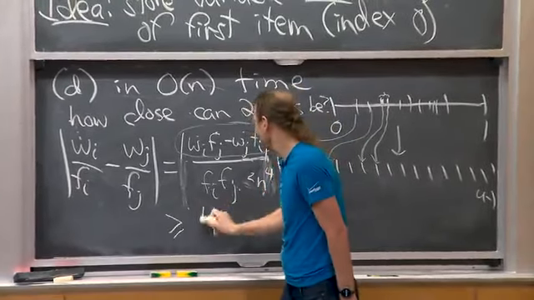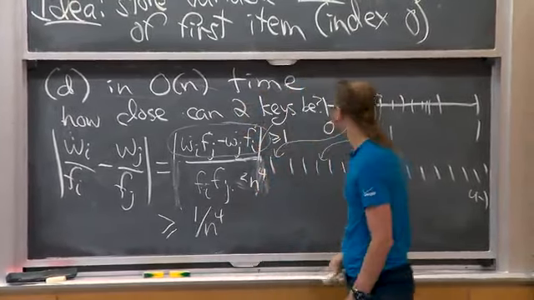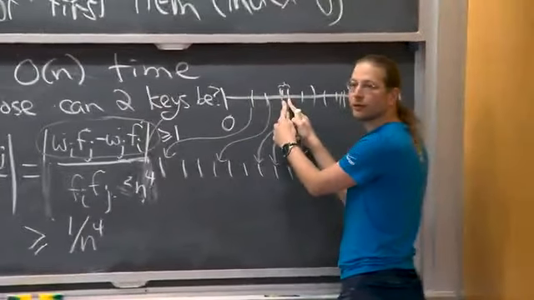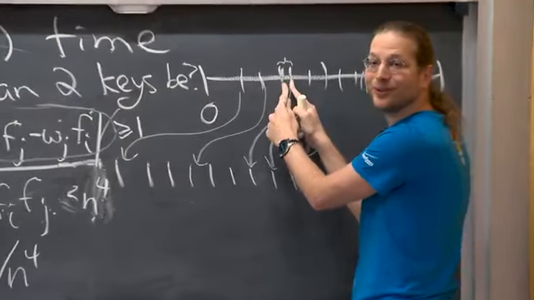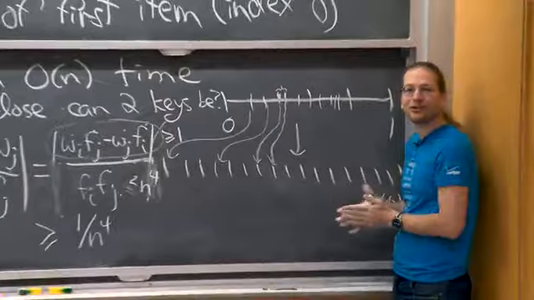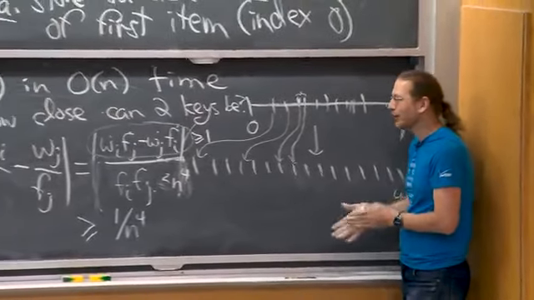So this is at least 1 over n to the 4th. So the closest the two points can get here is 1 over n to the 4th. So what could I do to scale that up to make them kind of like integers? Multiply by n to the 4th.